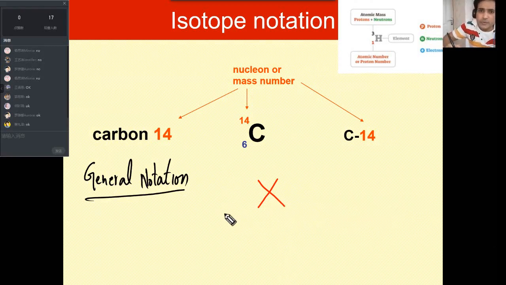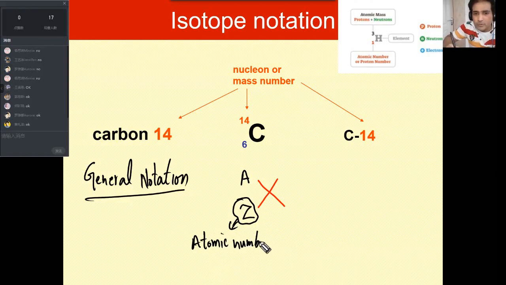At the bottom will be Z, the atomic number, and at the top we have the mass number. The atomic number is the smaller number, so it is at the bottom. The mass number is always higher, so that is at the top.